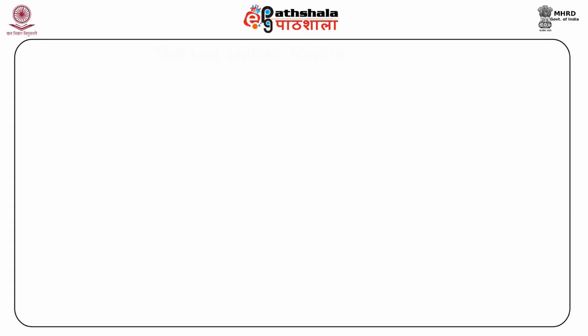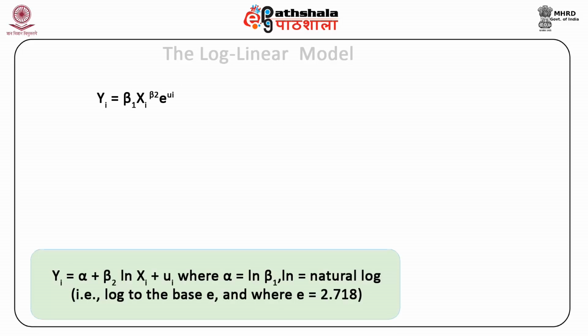Consider the following model known as the exponential regression model. yi = beta 1 xi raised to power beta 2 into e raised to power ui, which may be expressed alternatively as ln yi = alpha + beta 2 ln xi + ui, where alpha = ln beta 1.